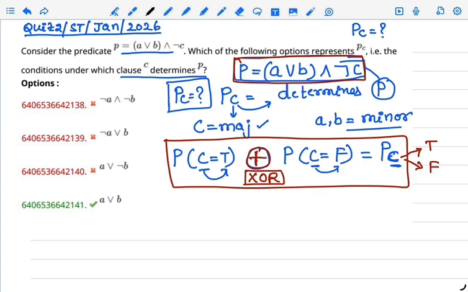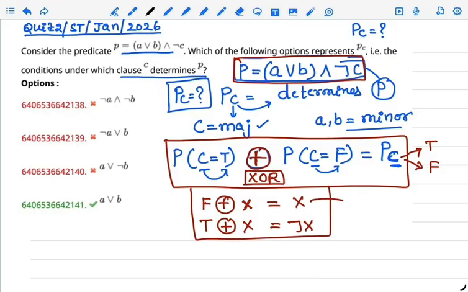Friends, for this question you have to remember two formulas: false XOR X equals X, where X is any logical expression or clause made of clauses like A or B or C; and true XOR X equals not X. If you remember these two formulas, you can solve the question easily.